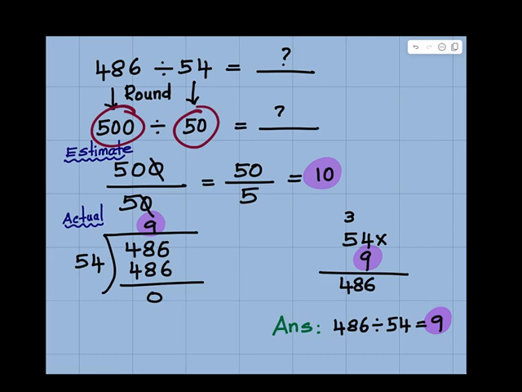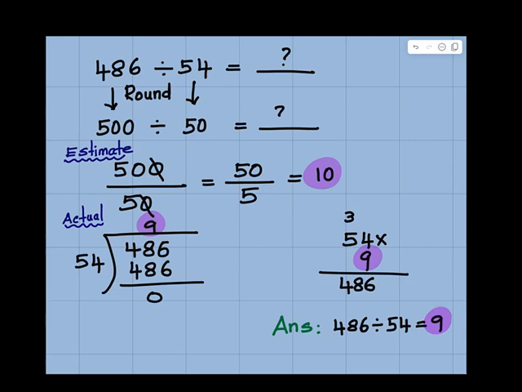Now let's do the division. 500 divided by 50. You can cancel the 0, and when we divide 50 by 5, we get the answer 10. Now we have estimated the answer to be 10.